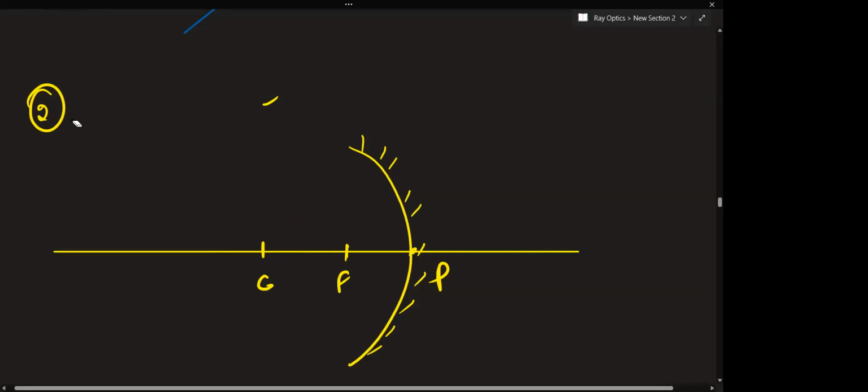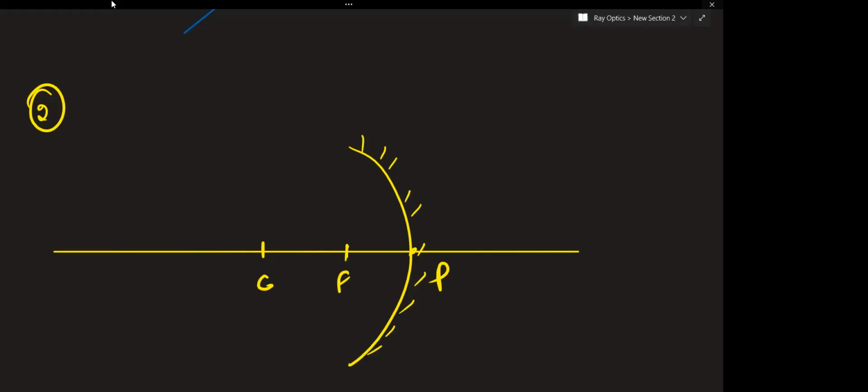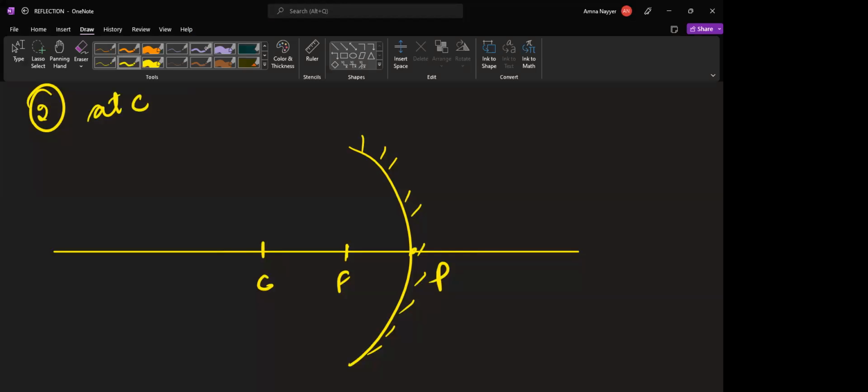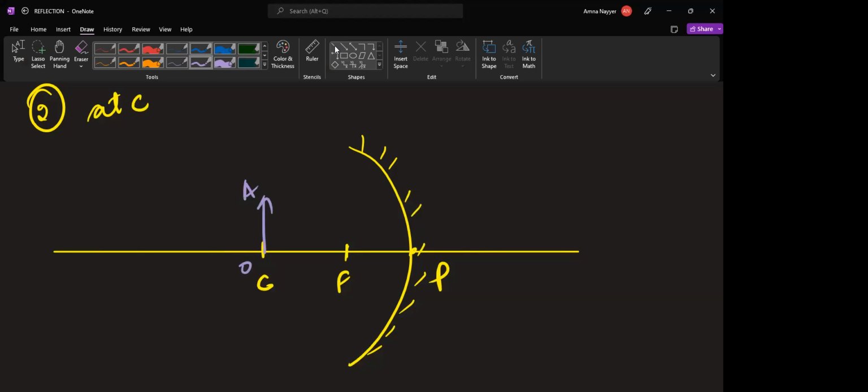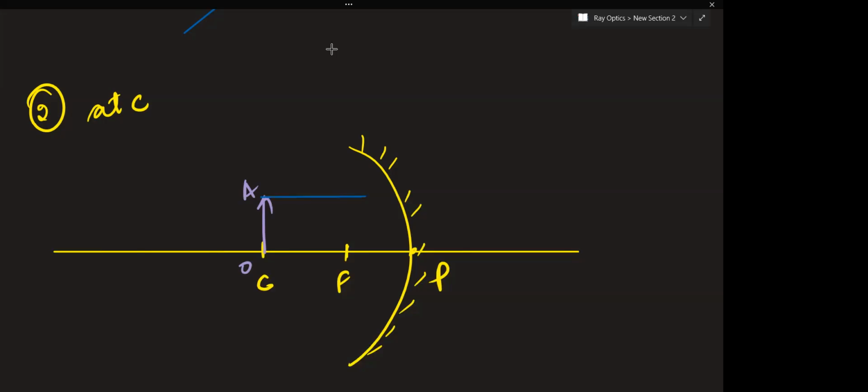At the center of curvature, I have kept the object. Now rays will fall on this.